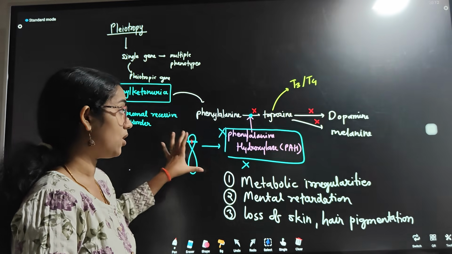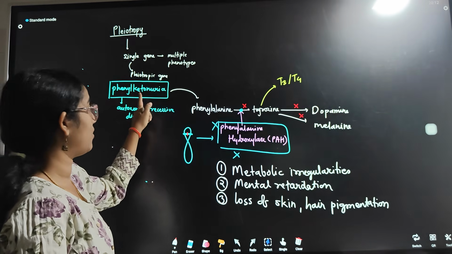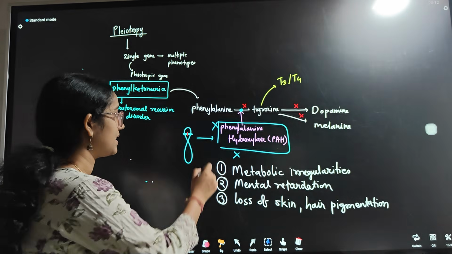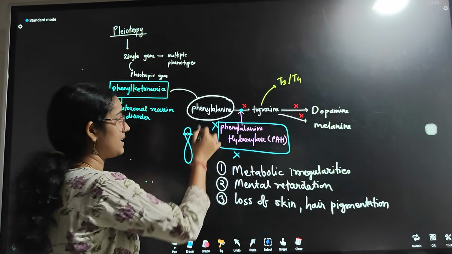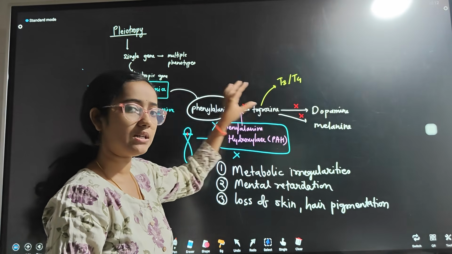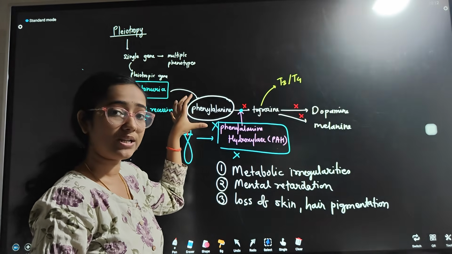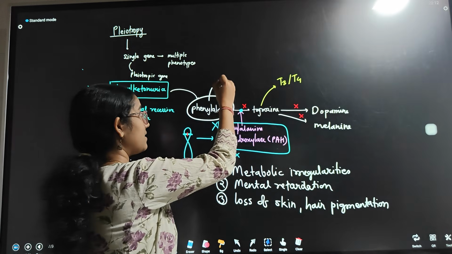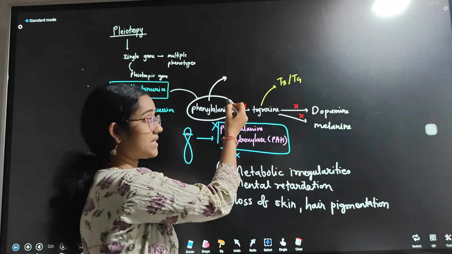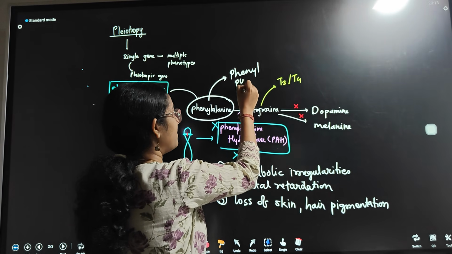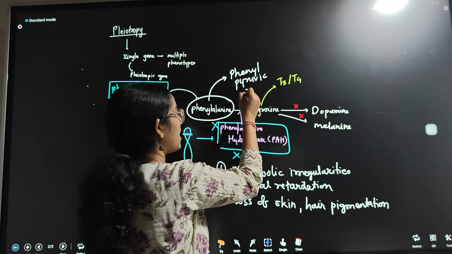Okay, and along with this, the name of the disorder is phenylketonuria. That means if phenylalanine is not converted further, it will accumulate inside the brain. This accumulated phenylalanine is then converted into its derivatives, that is phenylpyruvic acid and many other derivatives which are harmful.